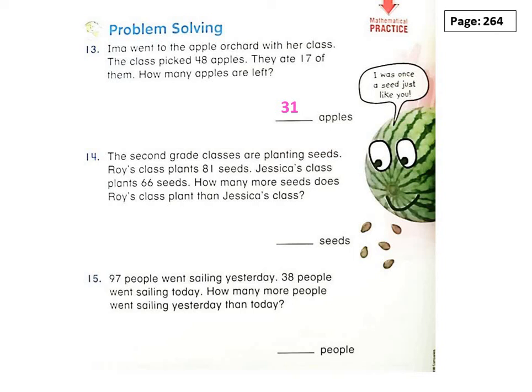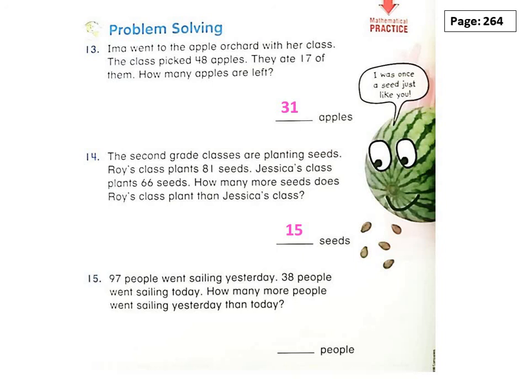What do you think? Again, we have to subtract. 81 minus 66. So what do you think the difference is? It's 15, grade 2. Again, try to check the answer by yourself, grade 2. Now you know how. We just have to add the 2 smallest numbers, the 2 parts, to get the whole.